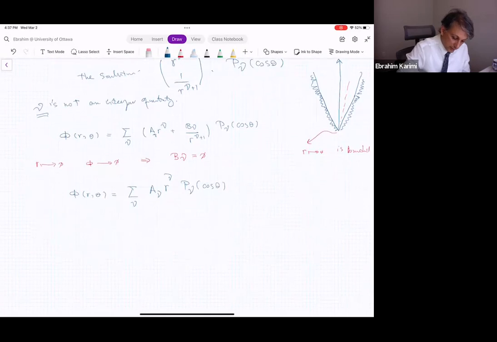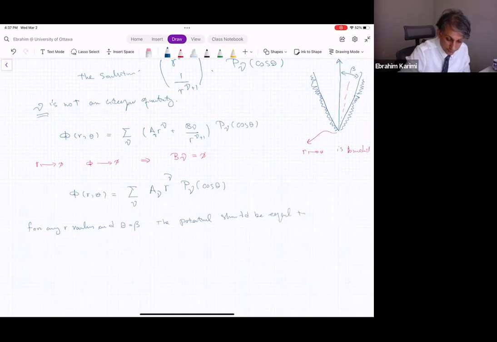And we know that for any r values, and theta equal to beta, which is the opening angle here, the potential should be equal to 0. So what does it mean?